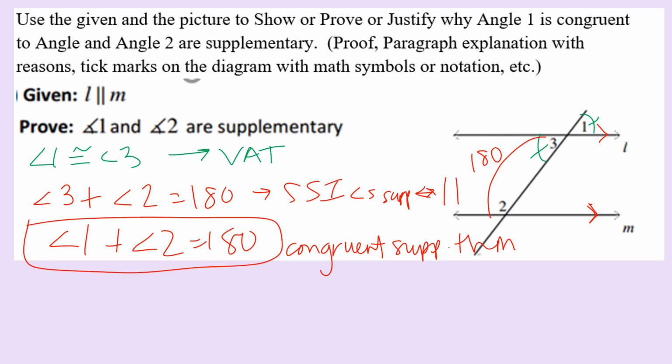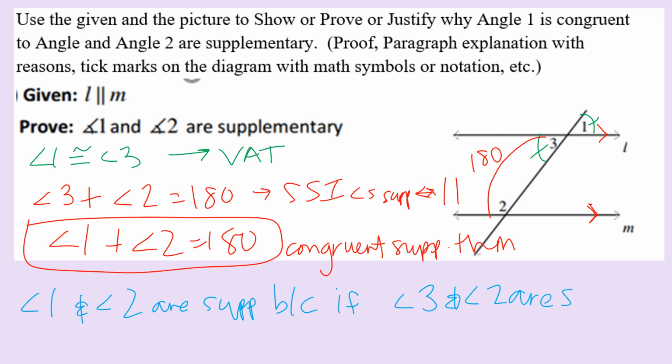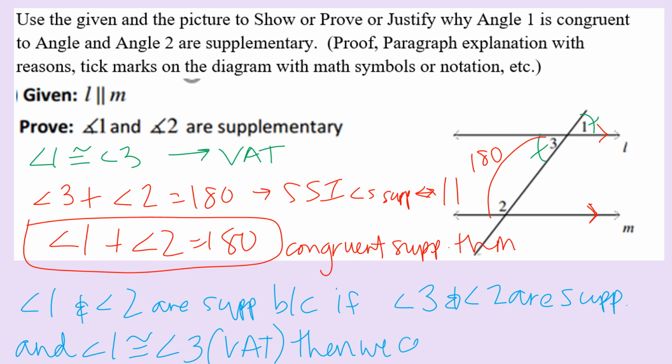In this way, I'm kind of doing a paragraph style, but I can say angle 1 and angle 2 are supplementary because if angle 3 and angle 2 are supplementary, and angle 1 is congruent to angle 3 because of the vertical angle theorem, then we can switch, or do the transitive property, angle 3 for angle 1.